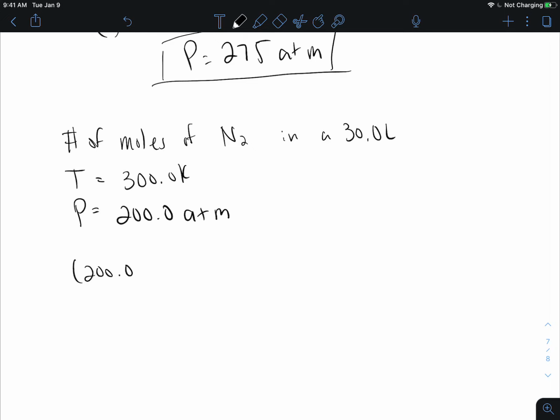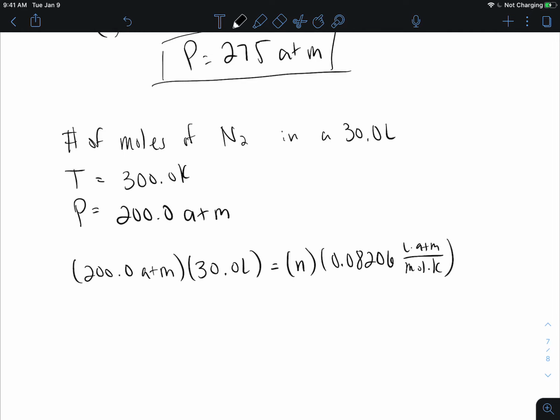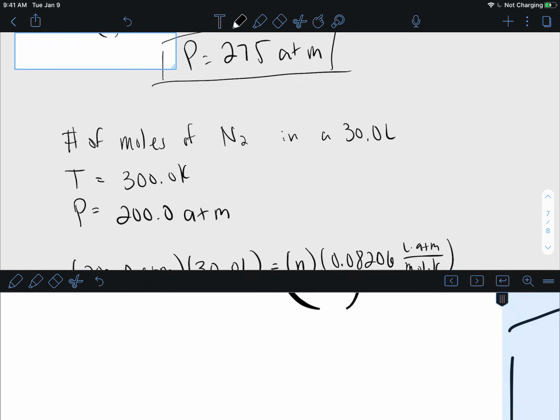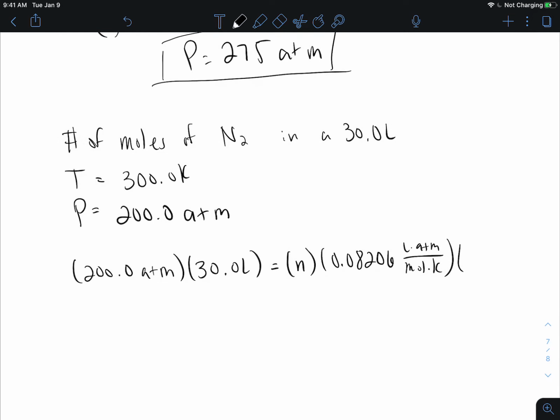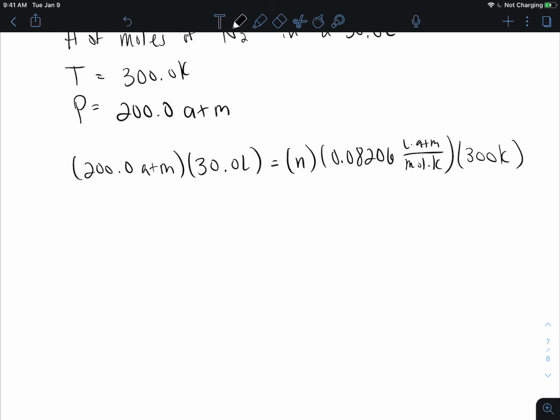We have 200 atmospheres times our 30 liters equal to our number of moles, which is what we're solving for, times our gas constant, and then times our temperature. Solve for this, we get a mole amount equal to 244 moles.